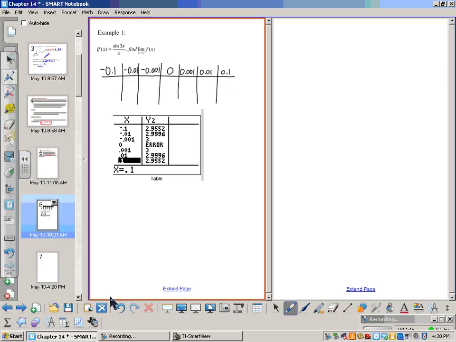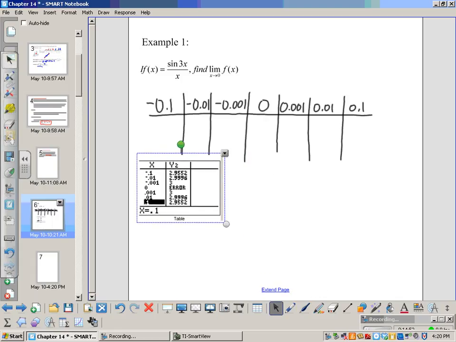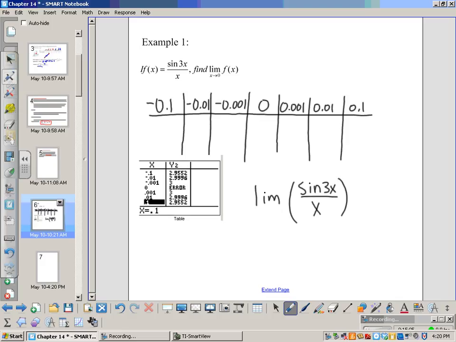So what we're seeing right now with this table is that the limit of our function f of x as x approaches 0 is 3. That's what we're seeing right now. That's the pattern that we're seeing, or what we have evidence for.